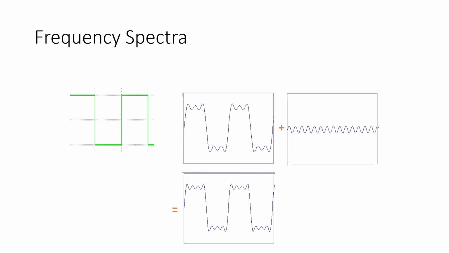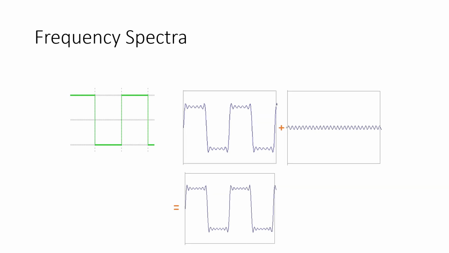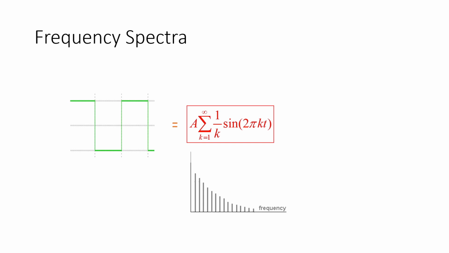And if we add more sine functions, with smaller amplitude and slightly increased frequency, we will get this one, and if we add more, it will look like this one. So any function can be a summation of many sine functions. For the square wave function, the frequency response will look like this one.